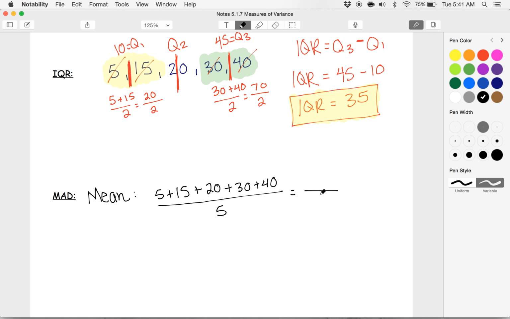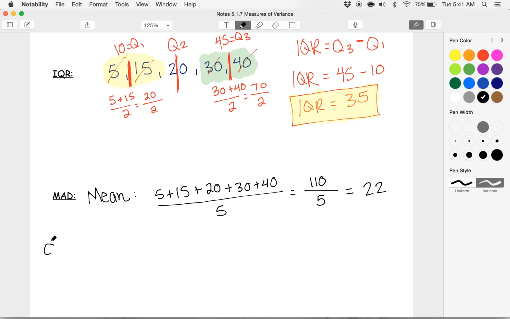So I'm going to do 5 plus 15 plus 20 plus 30 plus 40. Looks like that's going to give me 110, divided by 5, which gives me a mean of 22.